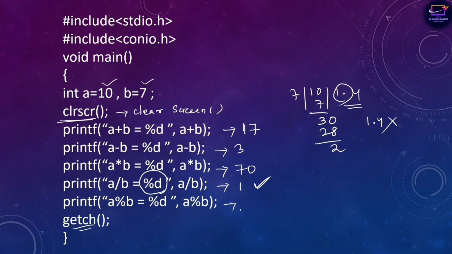Now a modulo b. This is 10 divided by 7, so 7 ones are 7, and the remainder is 3. So it will give you 3, which is the remainder. If you use the float data type, then use the format specifier percent f, and it will give 6-digit precision after the decimal point and give a fractional number as output.